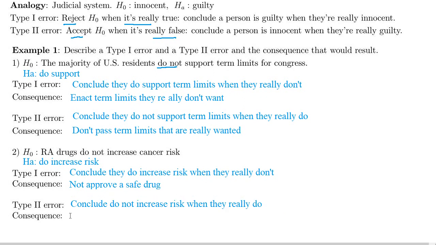And then what would be the consequence of that? Well, the sample data is showing us that they don't increase risk, so we're going to approve this drug, but then it's actually dangerous. So we could approve a dangerous drug.